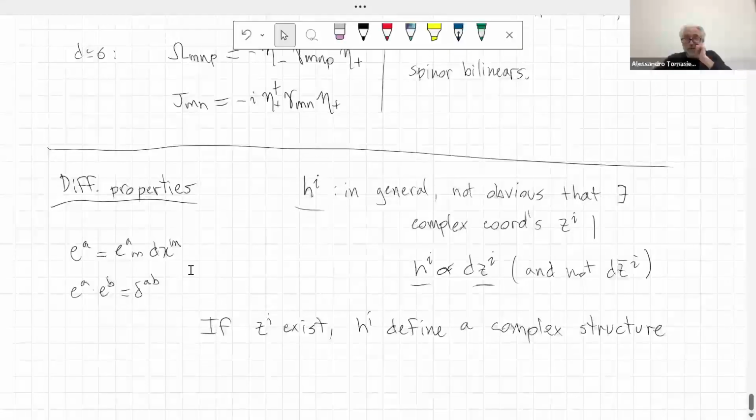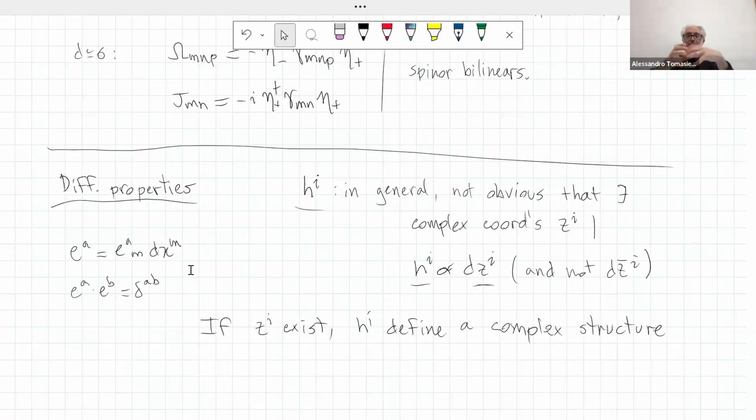Now, even if you throw away your original omega, and you say, I go to an open set and choose some complex coordinate any way I like, what will not be trivial is that if you do this in every open set, the transition functions will be holomorphic. So far we were looking at smooth manifolds.